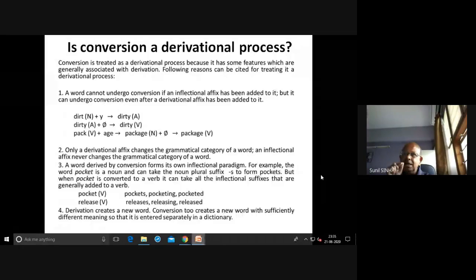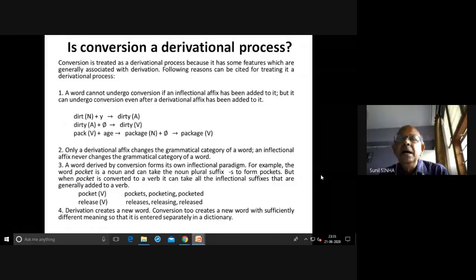Now, my pocket's color, pocket apostrophe s. My pocket's color is blue. So pocket as a noun can take the plural morpheme s and apostrophe s. And pocket as a verb can take s as in goes, and ing, and also ed. So is the case with release.